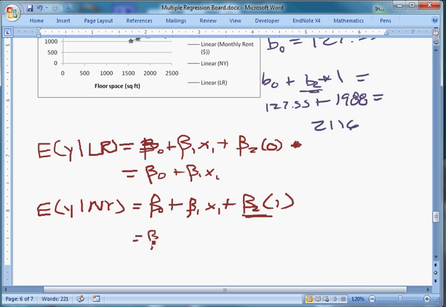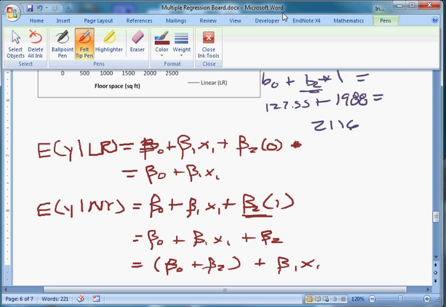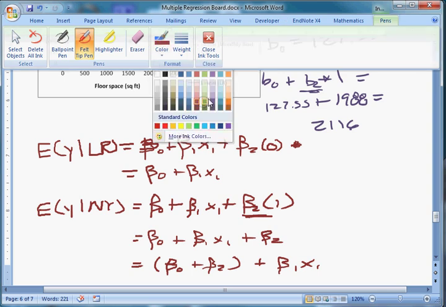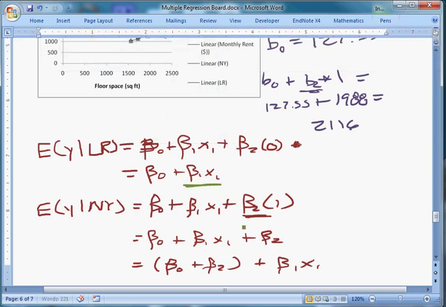It's going to be beta 0 plus beta 1 x1 plus beta 2, which is now just a constant, which means we can put the constants together: beta 0 plus beta 2 plus beta 1 x1. Now in both cases, we just have one slope term, beta 1 x1, beta 1 x1. But now we have two different intercepts. This is our intercept for Little Rock, and this is our intercept for New York.